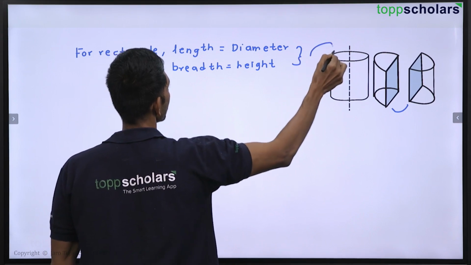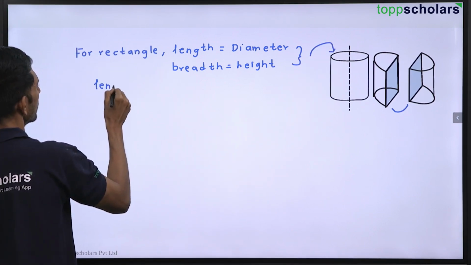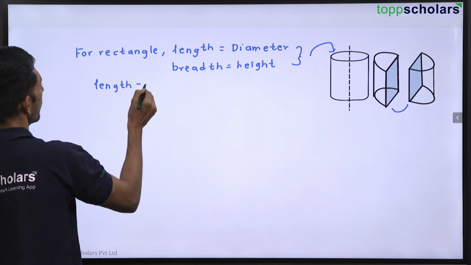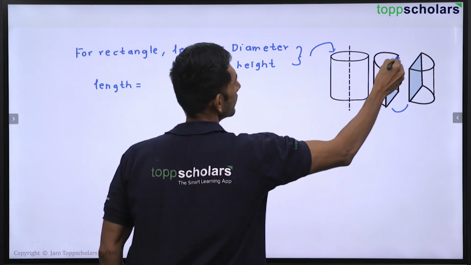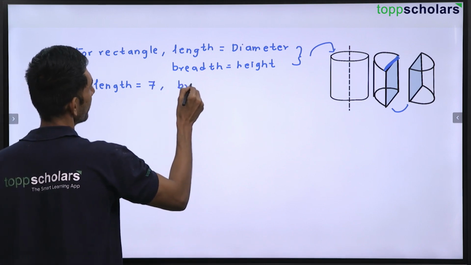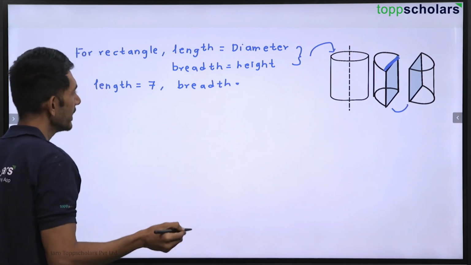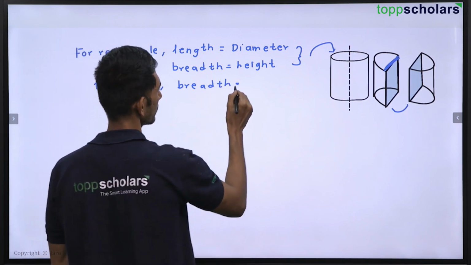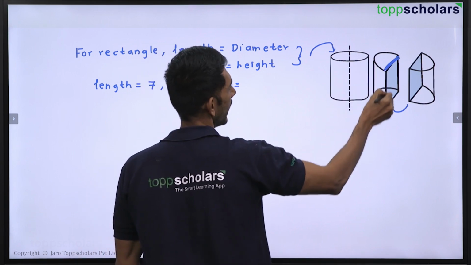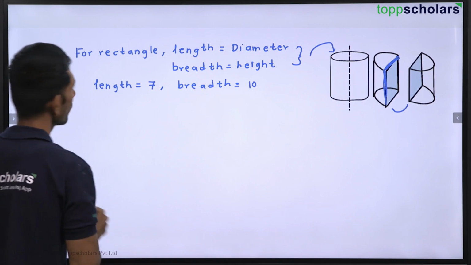These I am talking about the cylinder. So can I say length will be equal to the diameter, which is 7, and breadth will be equal to the height, which is 10.